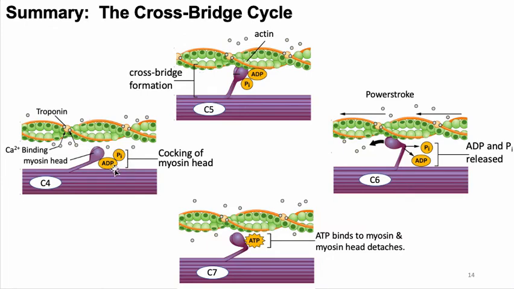The myosin head has already been cocked because the ATP has been hydrolyzed, and we have formation of the cross bridges between myosin and actin, followed by the power stroke, which pulls toward the center of the sarcomere, and then finally the ATP binding.